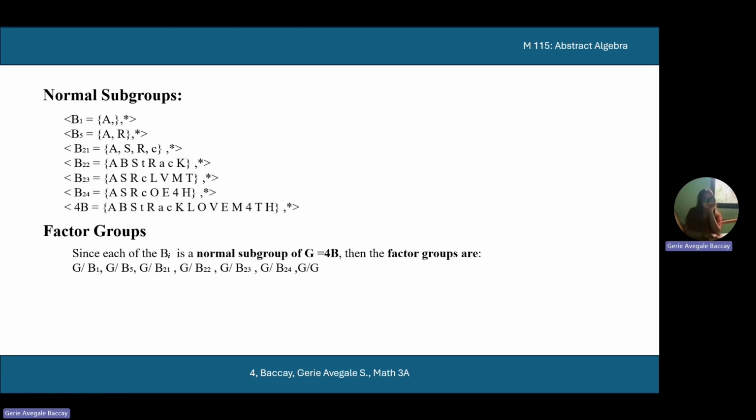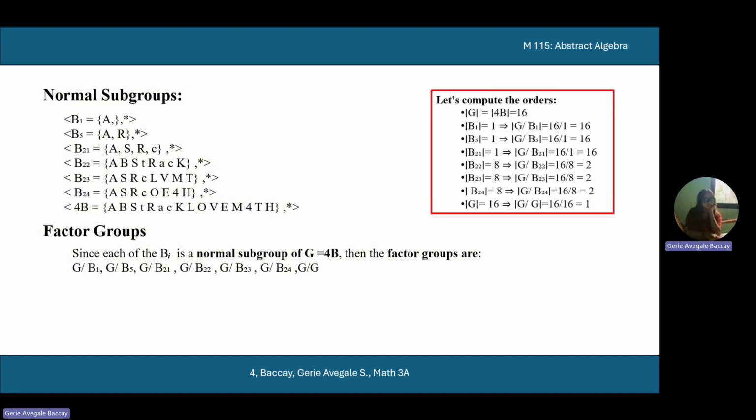Now, we need to know the order of a factor group because it tells us how many cosets are in each factor group. So B sub 1 has order of 16, or it has 16 cosets. And then for B sub 5, it has 2 elements, then it has 8 cosets. For B sub 21, it has 4 elements, that's why it has 4 cosets.